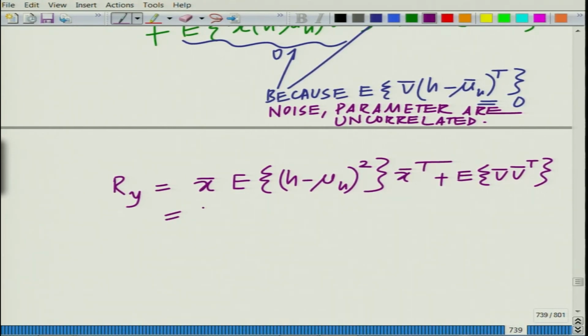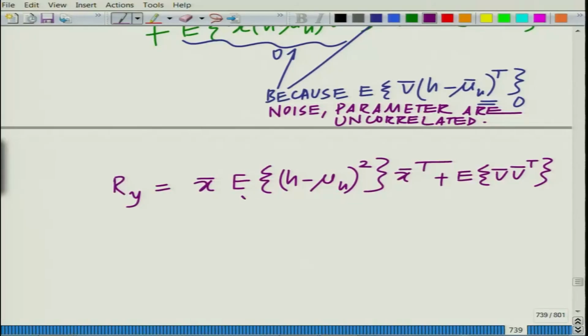This we know: expected value of (h minus mu_h) square is nothing but the variance of the parameter, so this quantity is sigma_h square, and expected value of v bar v bar transpose is essentially the covariance matrix of the noise.